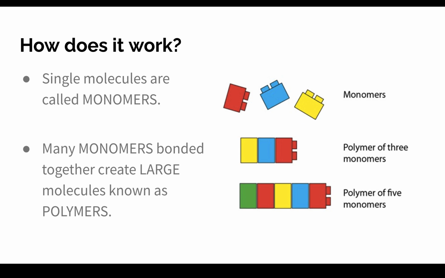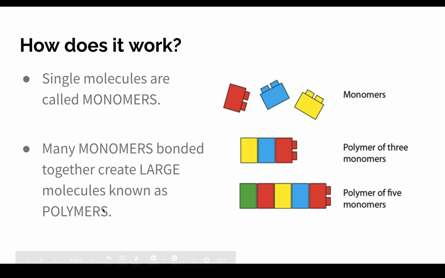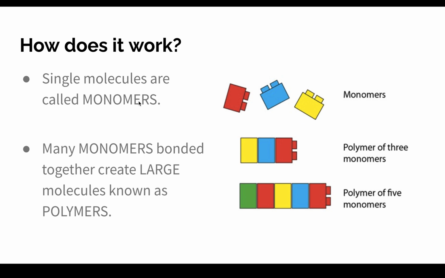So the other terms that we need to make sure we understand before we jump into these guys are monomers and polymers. Okay, let's break this down really simply. Mono means one, poly means many. So monomers are a single molecule of something. Think of it like a single Lego block.